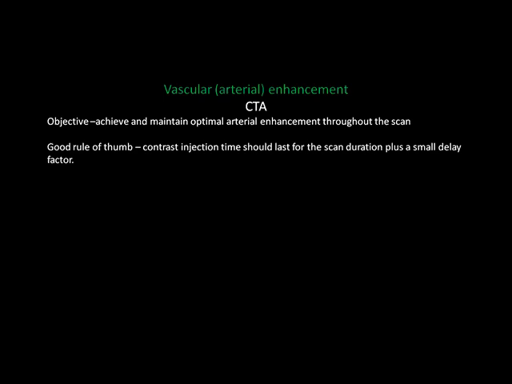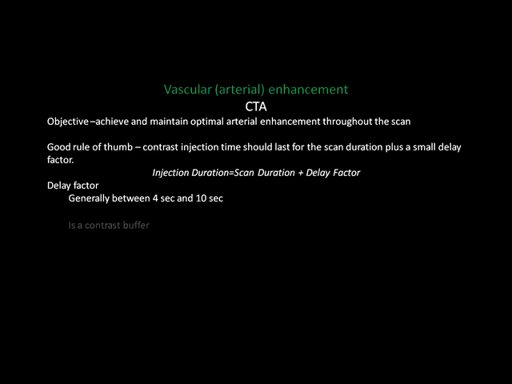The good rule of thumb is that the contrast injection time should last for the scan duration plus a small delay factor. The injection duration, again, is the scan duration plus a delay factor. The delay factor, generally between 4 to 10 seconds, is a contrast buffer.